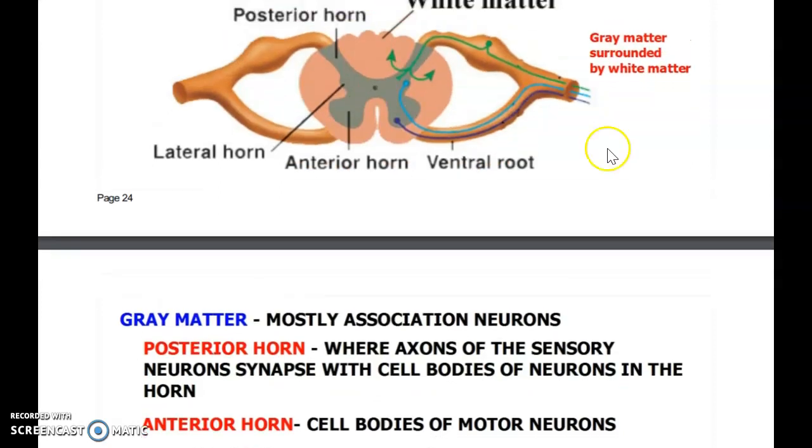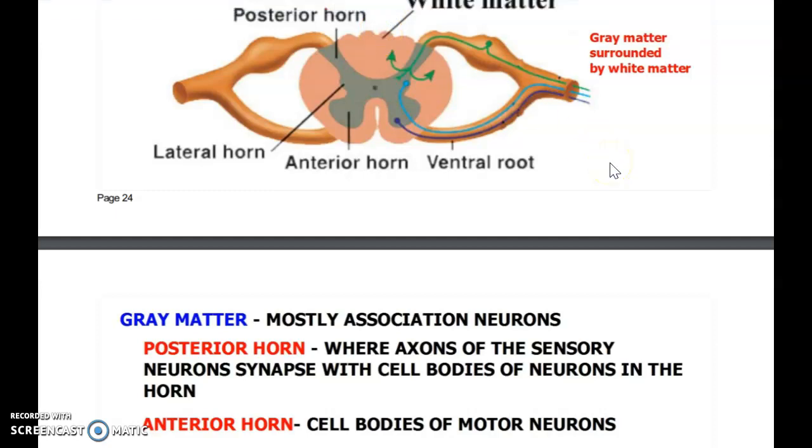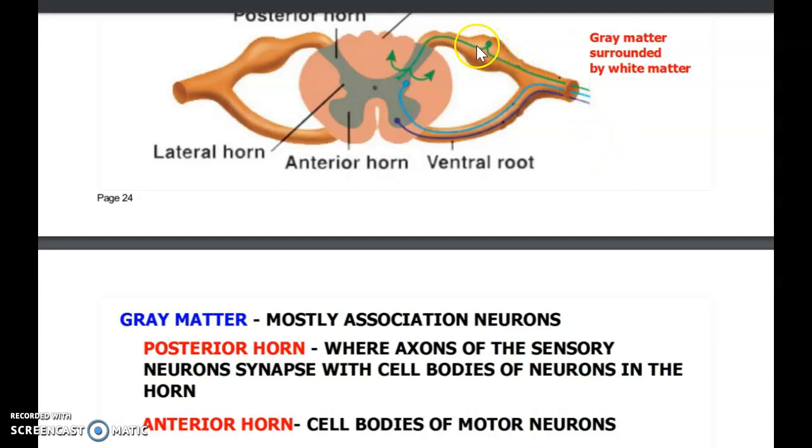So the posterior horn, these are the back pieces here, the back of the H. This would be like the spinous processes if there was a bone surrounding it. That's kind of where they are, surrounding that. The posterior horn is where the axons of the sensory information come in, so the green line represents sensory neurons coming in and synapsing with cell bodies of the neurons in the horn. Again, it's gray matter, so they're cell bodies.